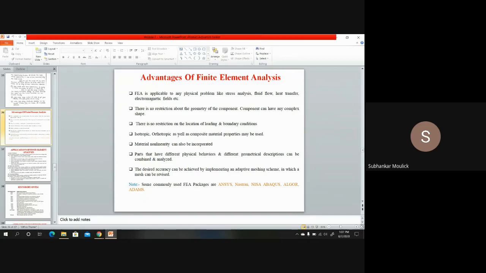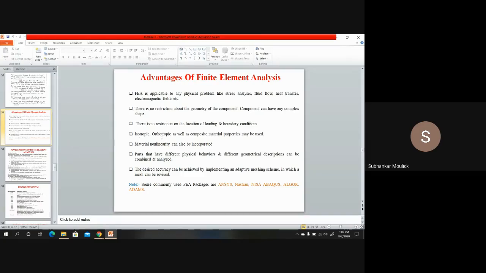We can solve a problem with any given boundary condition or loading condition. In a given problem, I can change the loading condition as well as the boundary condition, and I can still solve the problem with the help of FEM.